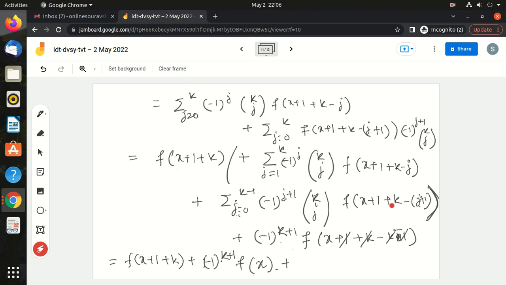You have to be very careful. The sum of (-1)^j, k choose j, f of x plus 1 plus k minus j, plus the sum, j equal to 0 to k minus 1, (-1)^(j+1), k choose j, f of x plus 1 plus k minus j plus 1.